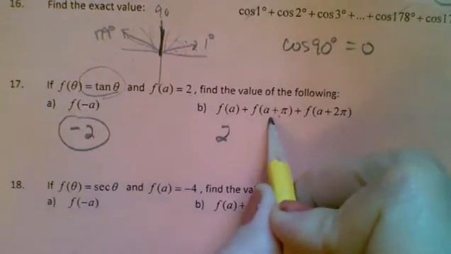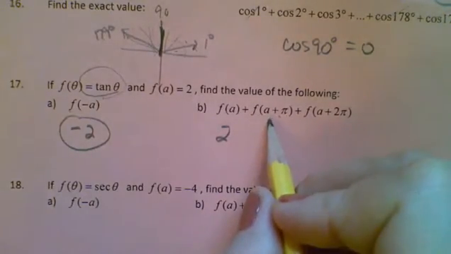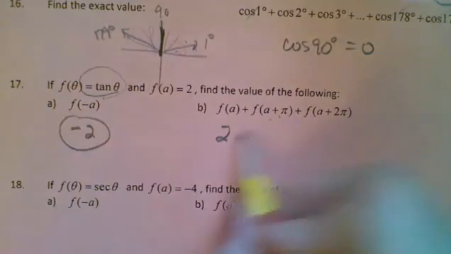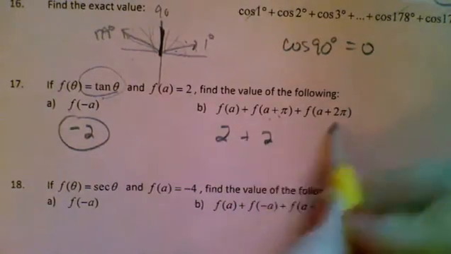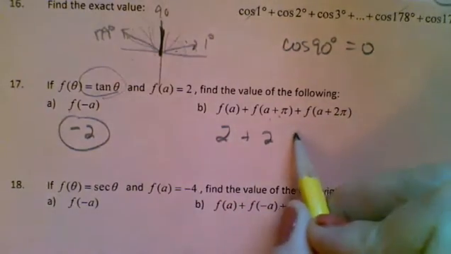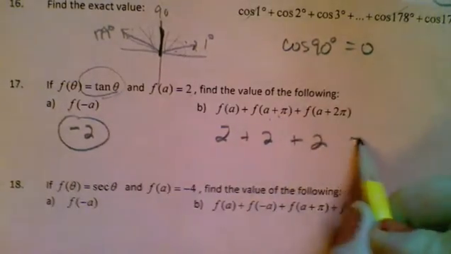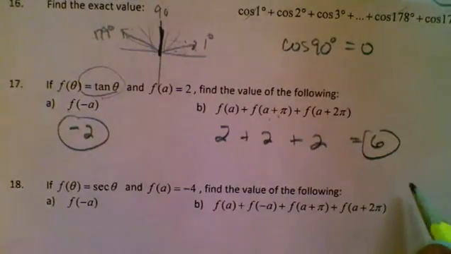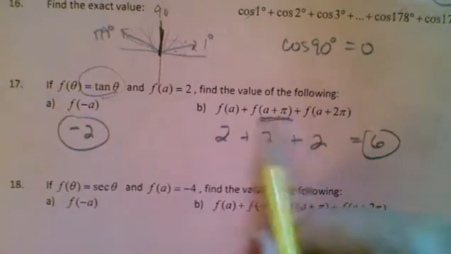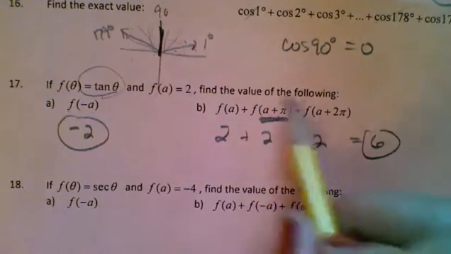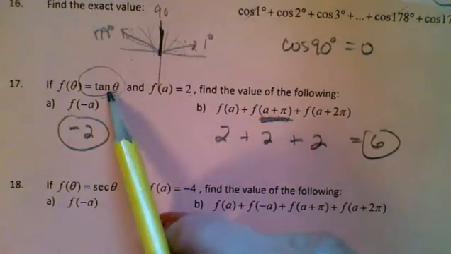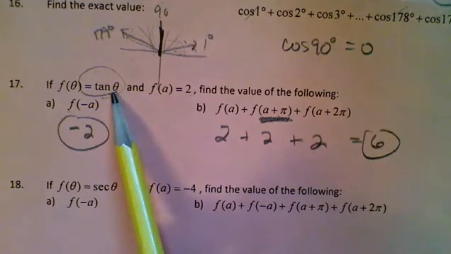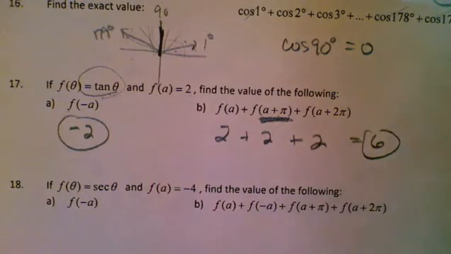Now this is tangent, so the period of tangent is pi, so if I add a period, I still have a 2. And if I add 2 periods, 2 pi, I still get 2. So 2 plus 2 plus 2 is 6. So this is key right here, that with this one, even if you push it on the opposite side, because tangent has a period of pi, it's still 2.